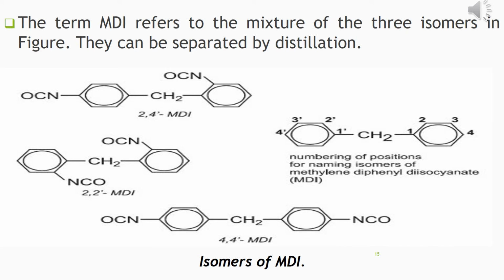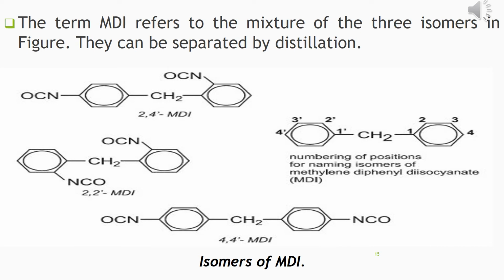So 2,2' MDI means one isocyanate is at the 2 position of one phenyl ring, and the other isocyanate is present at the 2 position from the methylene of the other ring.